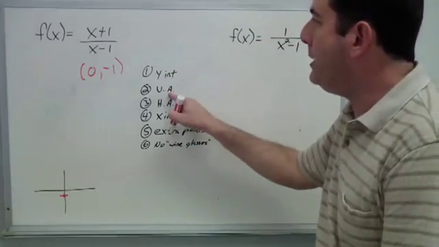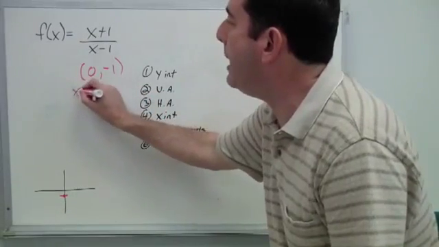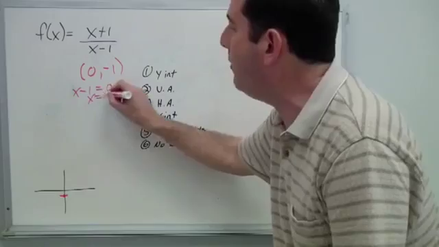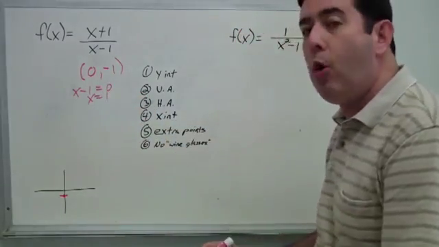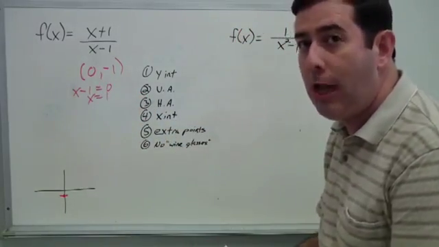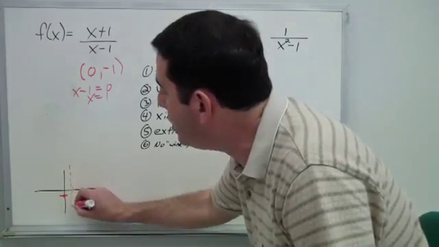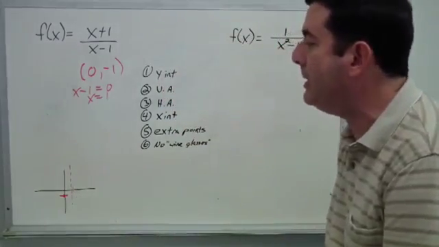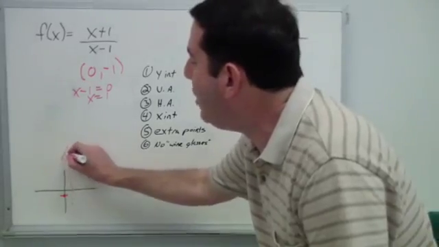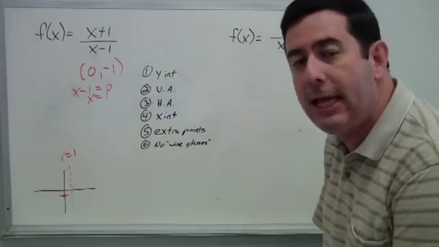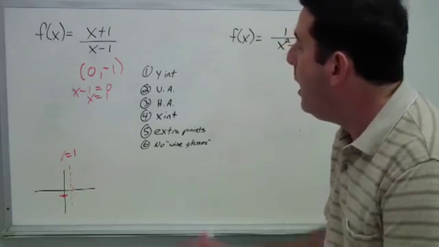The vertical asymptote comes from taking the bottom, setting it equal to 0 and solving, so x equals 1 is our vertical asymptote. Remember that asymptotes are represented with dotted lines, and x equals a number. That's how you represent a vertical asymptote.